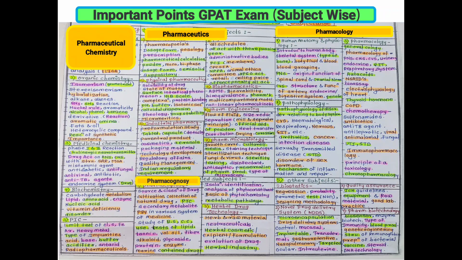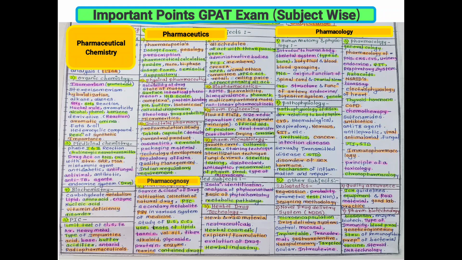Colloidal dispersion: in that, you have to know about coarse, fine and more coarse dispersions, and colloidal and fine dispersion sizes and their ranges. Then rheology, drug stability, and micromeritics, determination of particle size. So these are the second year subjects, physical pharmaceutics 1 and 2.